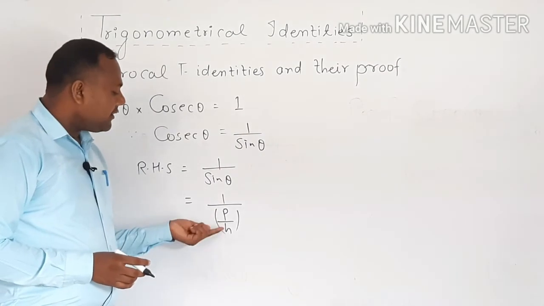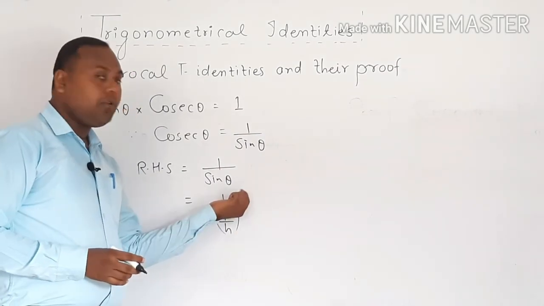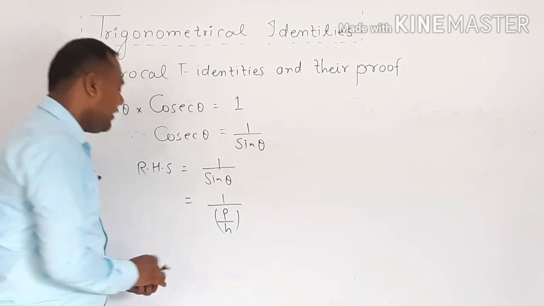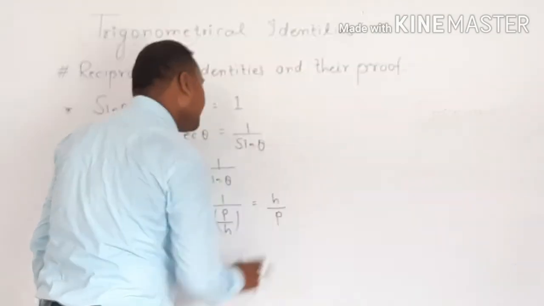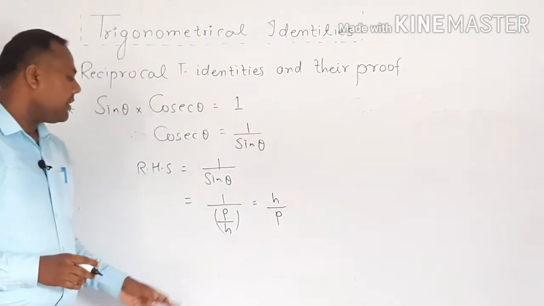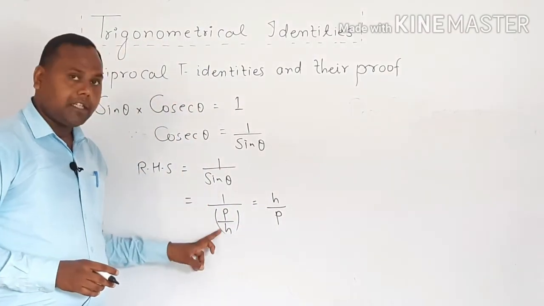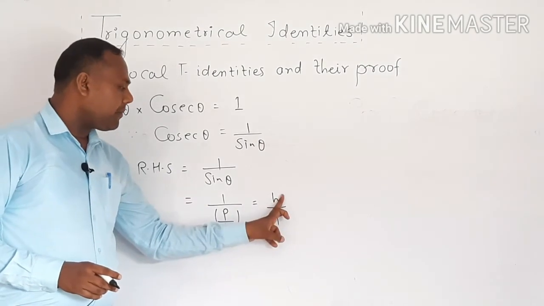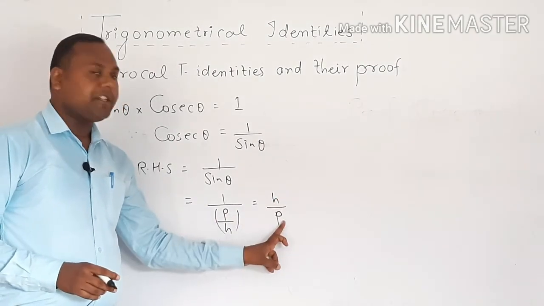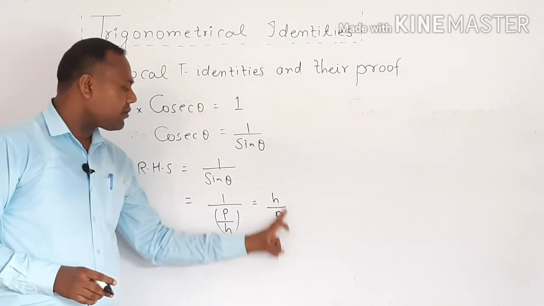That means the denominator part changes into the numerator. Why so? Because by the 1, 2, 3 rule, this denominator turns into the numerator part and this will be the denominator part. Hence we can say that h upon p.